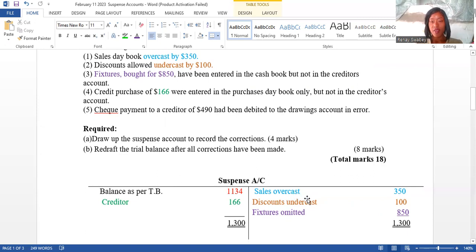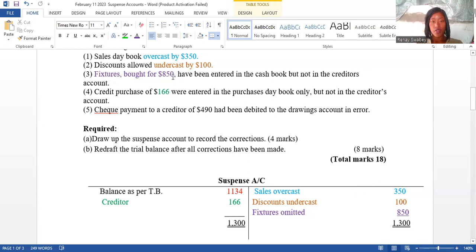Over to the credit side of the suspense account, we have sales overcast by $350. This is where we got the $350 from, the first error. The discounts undercast was taken from the second error. Here we have the $100, yes. And the fixtures omitted was taken from the third error.